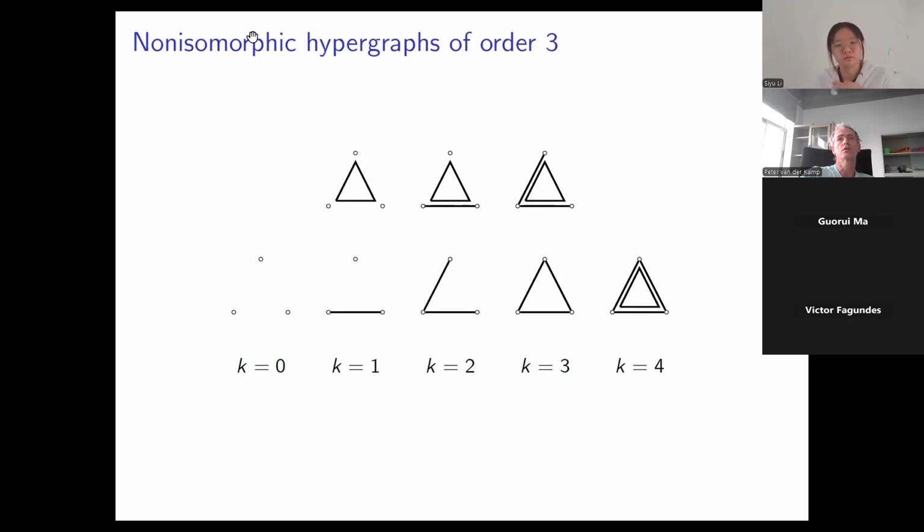So this is for all the possible non-isomorphic hypergraphs of order 3. You can show that these are LV equivalent. So the system with a 2DP is really, by a linear transformation, equivalent to the system with 3DP. And this is a system with two 2DPs, and it is equivalent to a system with one 2DP and one 3DP.